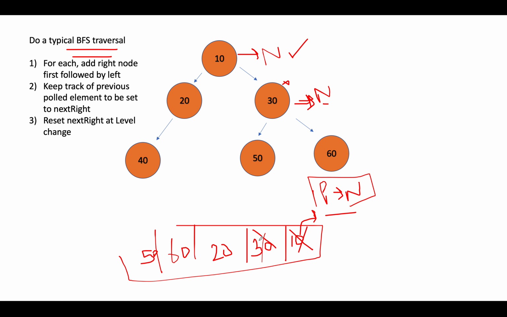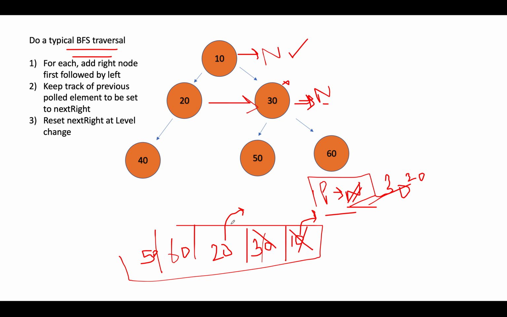The previous element gets updated to 30 because 30 was pulled out, and now we'll pull out 20. We get 20, and 20's right will point to the previous element, so we establish this connection, and since we pulled out 20, this gets updated with 20.